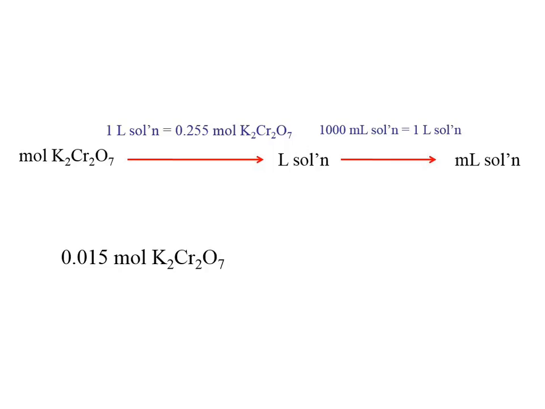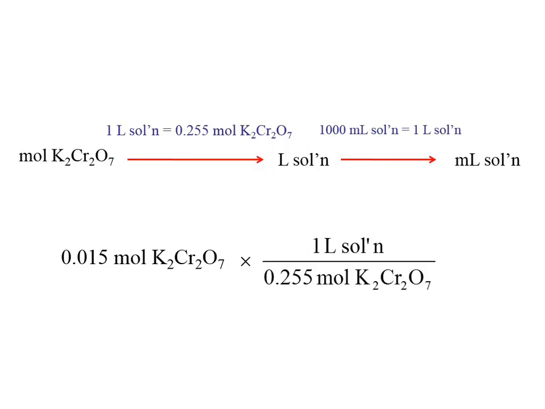What do you think? 0.255 moles on the bottom, 1 liter on the top. And then we're almost done. We just need to fix our liters to milliliters. So what does the last term look like? 1,000 milliliters on top. Yep, 1,000 milliliters on top.